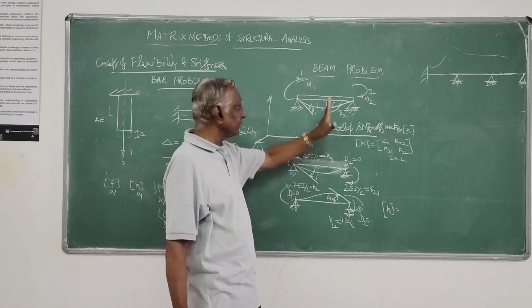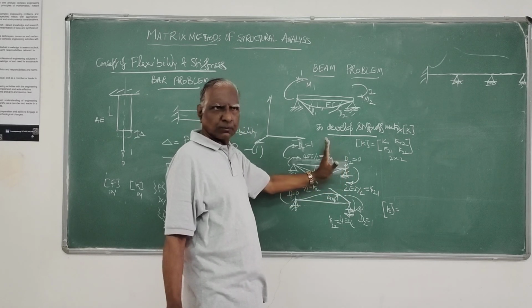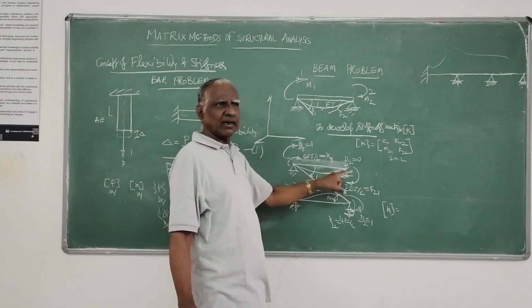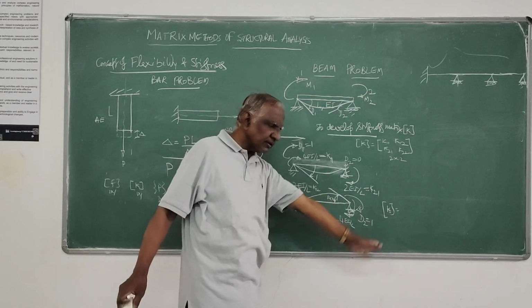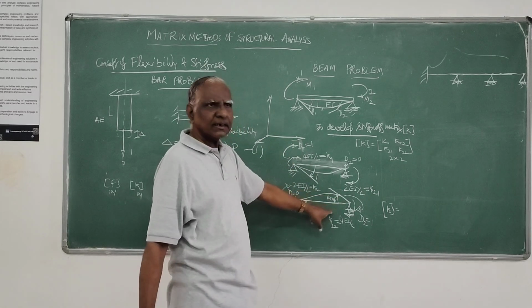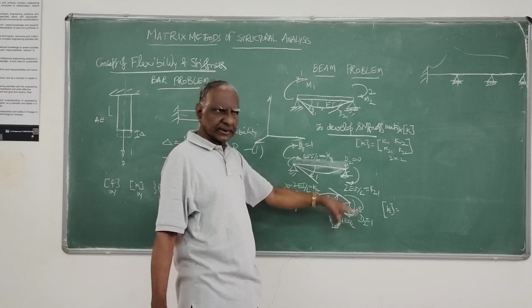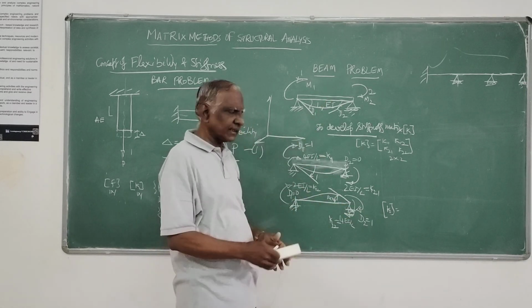That's very, very important. You have to restrain the other direction. Don't allow the other direction to move. Whatever forces develop in the two directions, you have to take. That will define the first column of the stiffness matrix. Similarly, give unit displacement in the second coordinate direction, and find out the forces that define the second column.